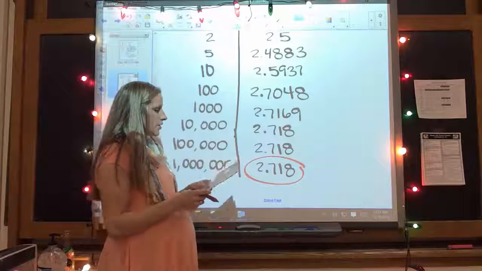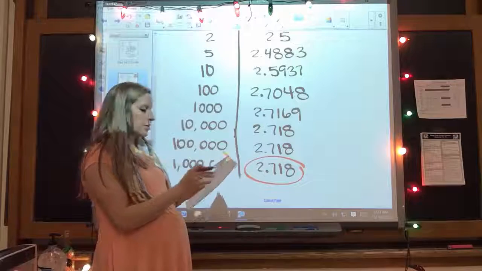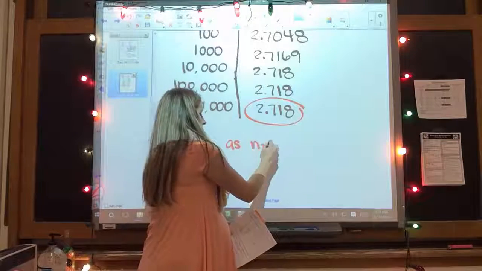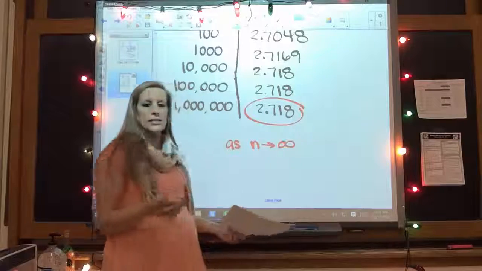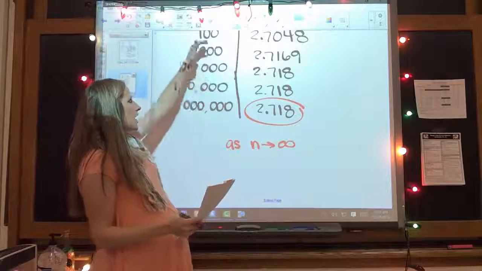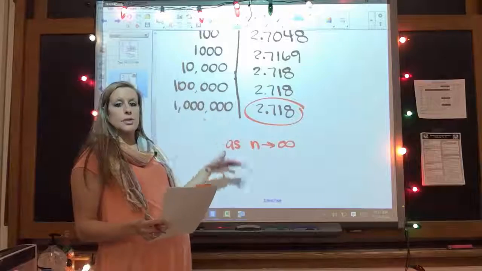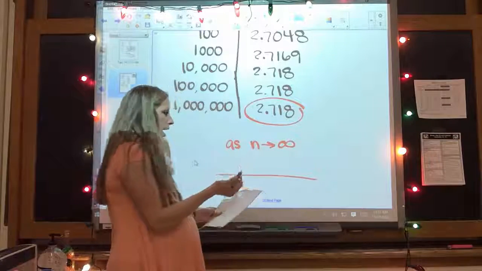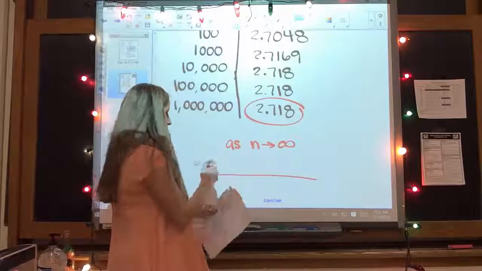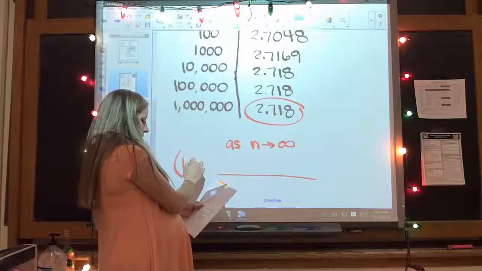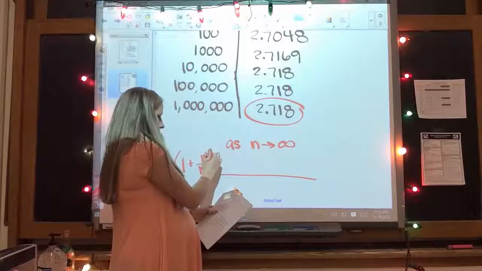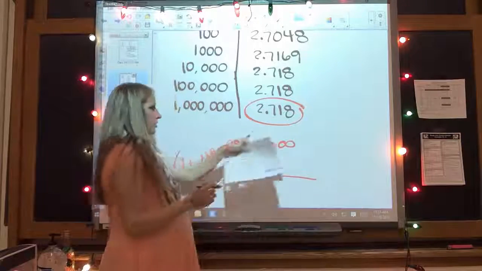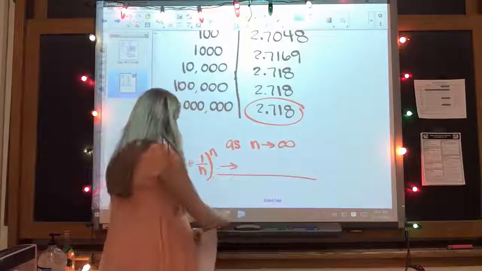Okay, so on the right side of that table, it says, as n approaches infinity, so n is the same thing as x, as our x gets bigger and bigger and bigger as it approaches infinity, my y, or my equation, it says 1 plus 1 over n to the n power. Okay, so my y is going to approach 2.718.